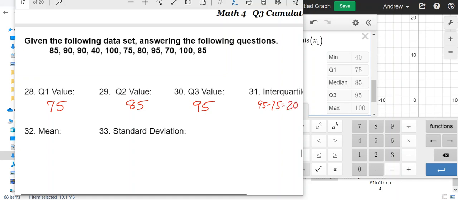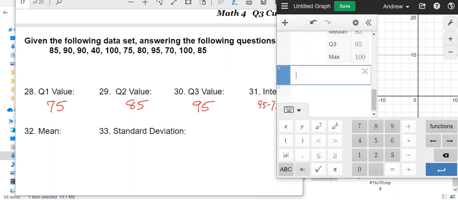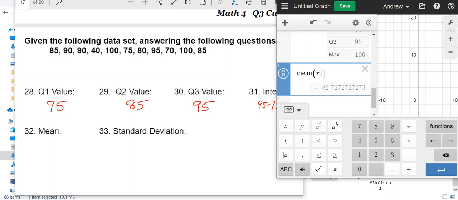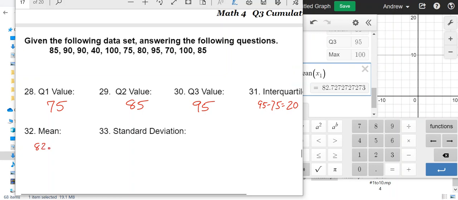Now the mean, we're going to have to come back here and do the mean of x sub 1. And the mean is 82.72, repeating. That's about as exact an answer as you can get.